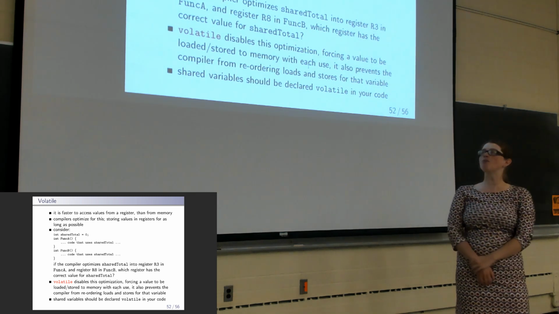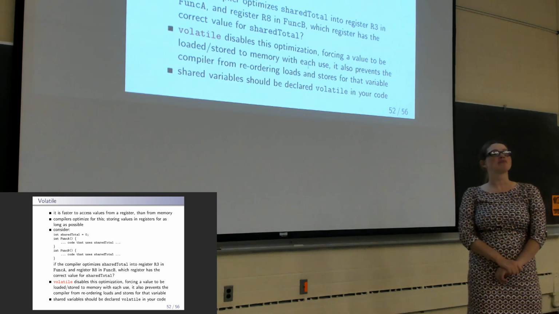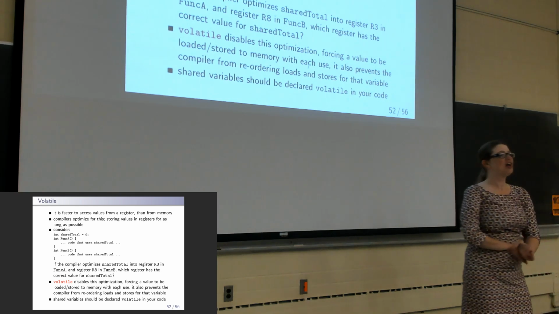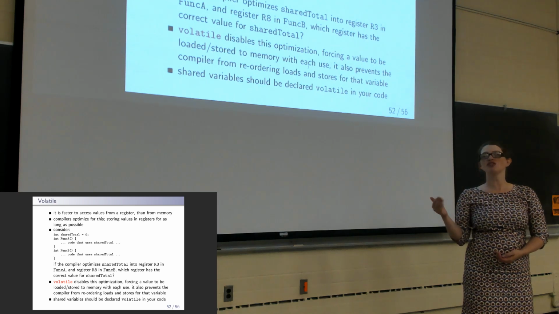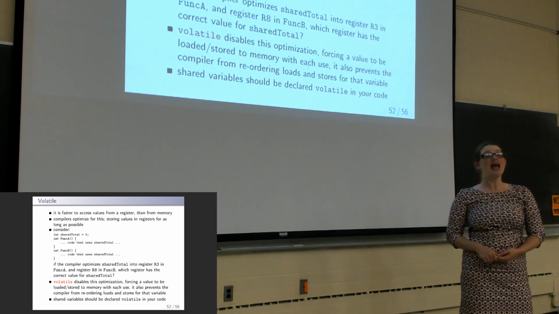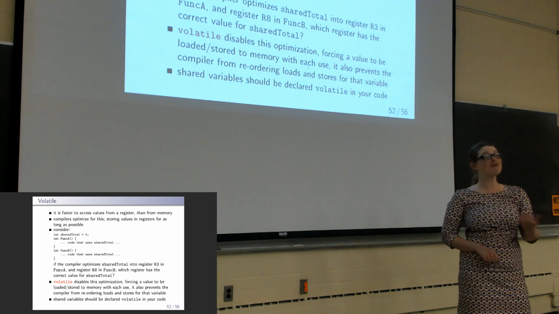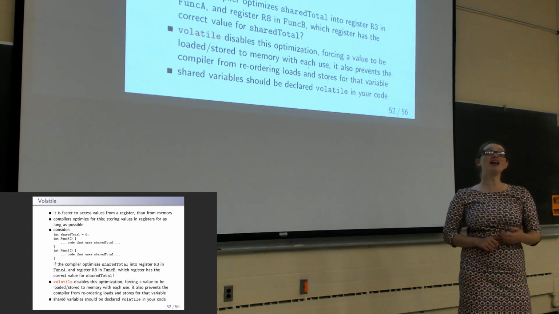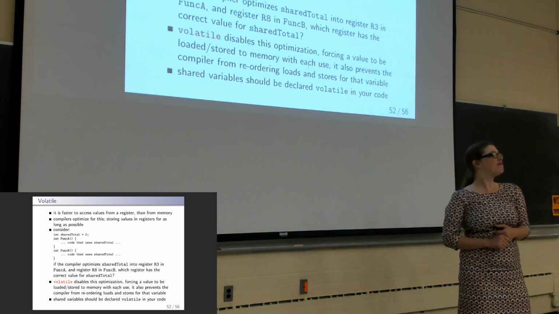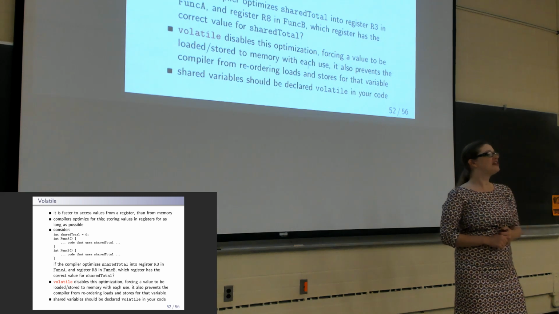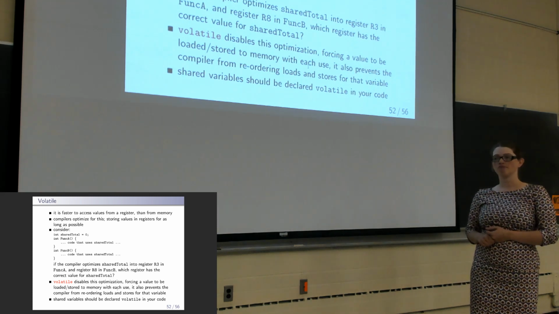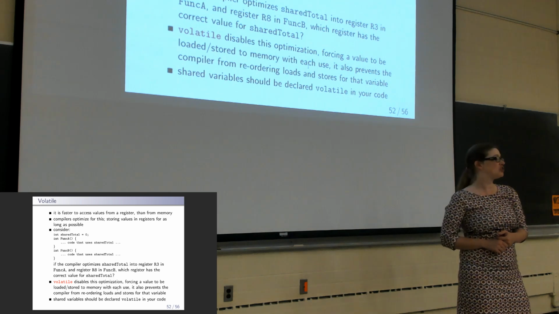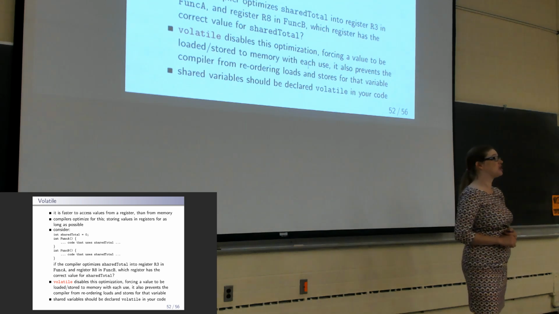Inside the block of code func A, my compiler notices that, instead of going to RAM every single time to get the value of shared total, it would be much more efficient, and I have an extra register. Why don't I keep the up-to-date value of shared total in a register for the duration of the body of function A? This is called register allocation, and your compiler does this as part of its optimization.